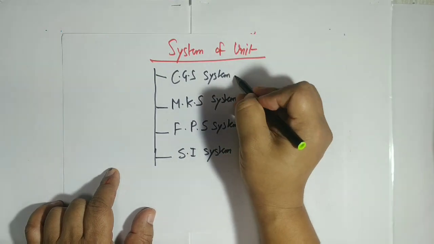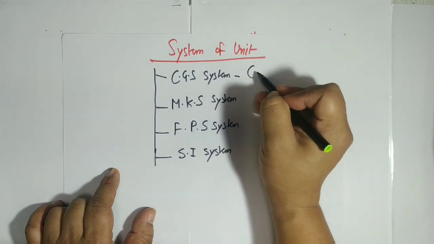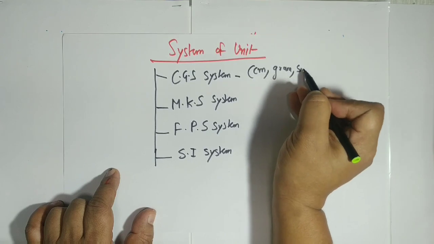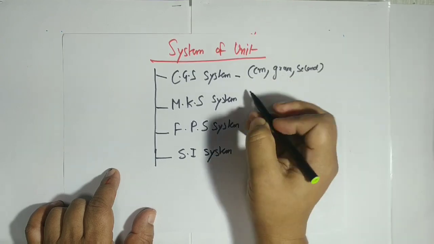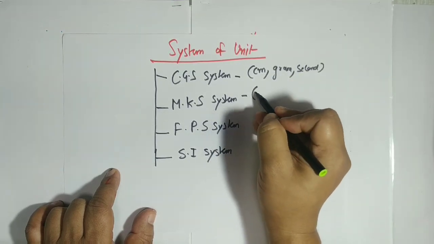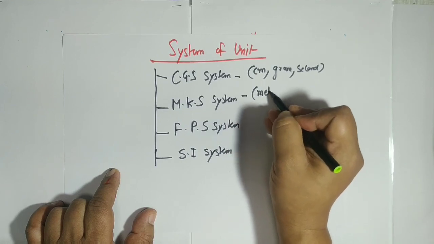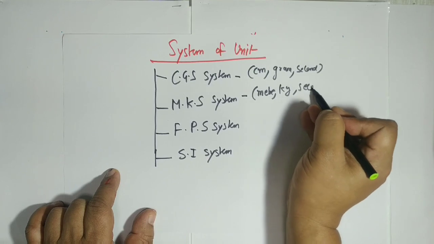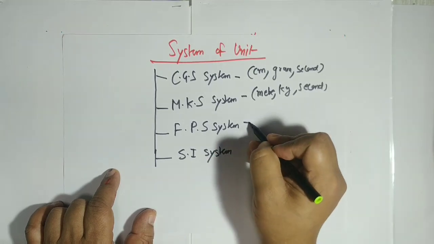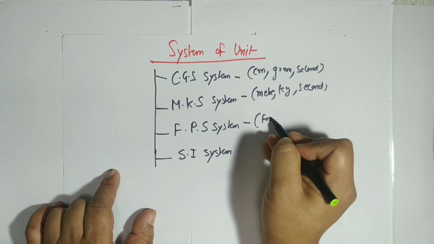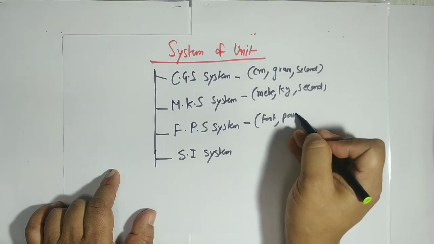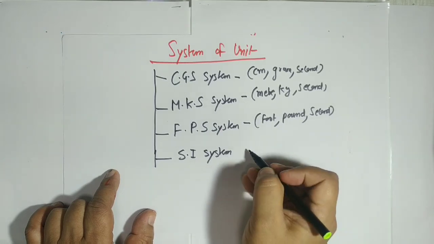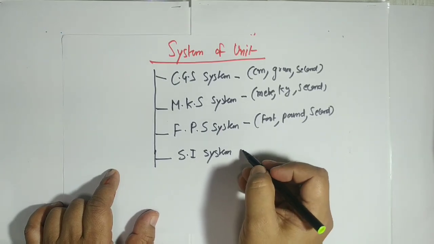In the CGS system, we know that it was length in centimeter, then gram, then second. In MKS, length was in meter, mass was in kg, and time was in second. Then in FPS also we know that it was foot, pound, and second. And then comes the SI.